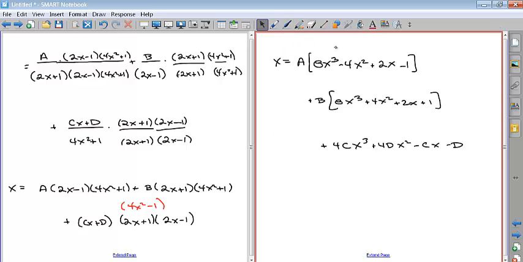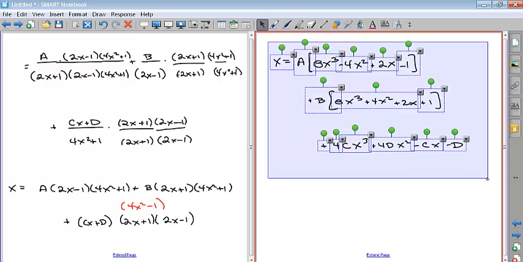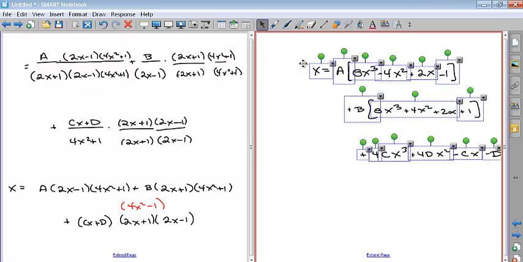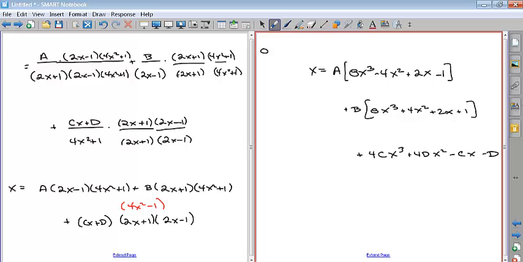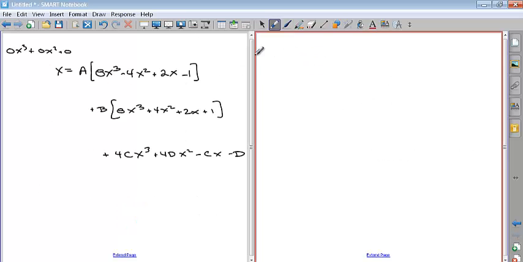And remember, on the left-hand side, I have x, but what I'm going to do is write 0x cubed plus 0x squared plus 0. So you see the zeros in front of the x cubed stuff.